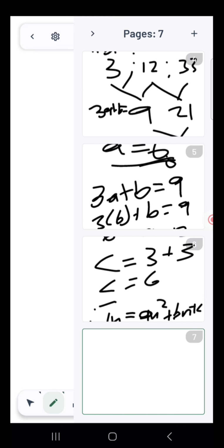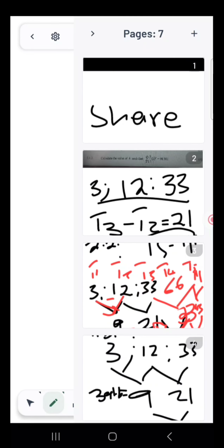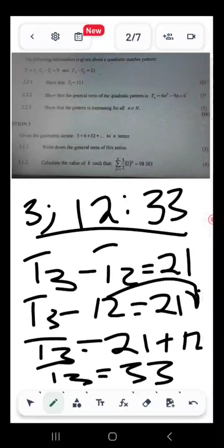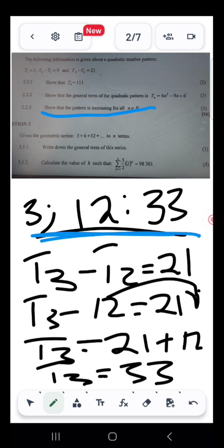And then the last question, so that you remember it. The last question says: show that the pattern is increasing for all n, an element of the natural numbers. To show that the pattern is increasing for all n, when you substitute n with all natural numbers, this thing will increase.